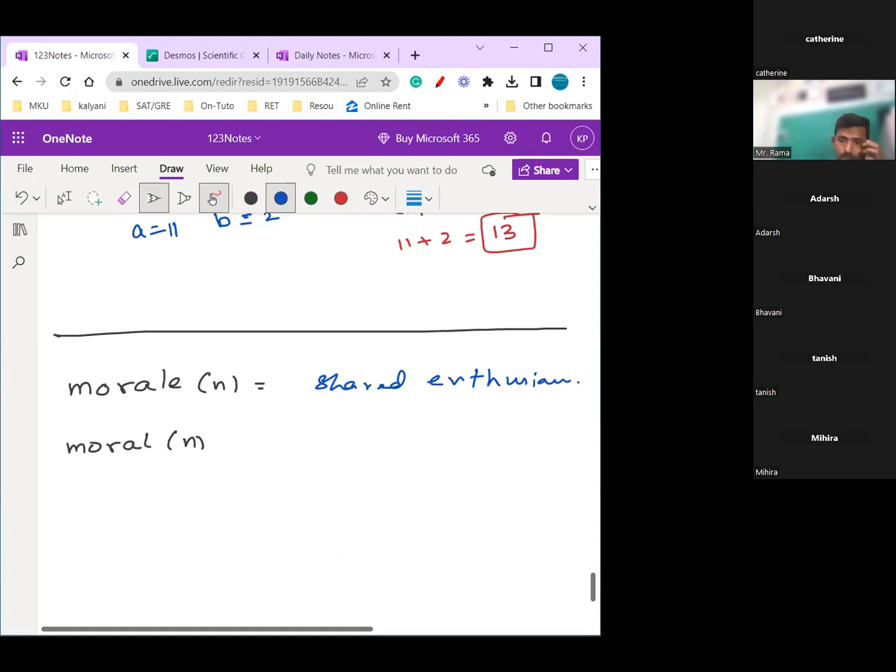How about the moral? Ethics, that's correct. Ethics, or you can say good behavior. A lesson or principle about good behavior.